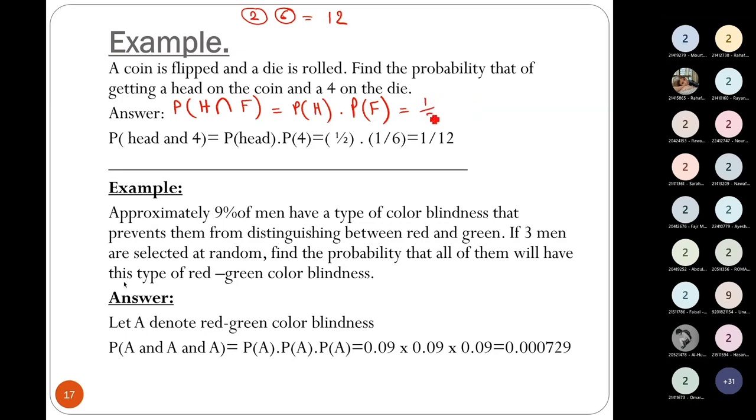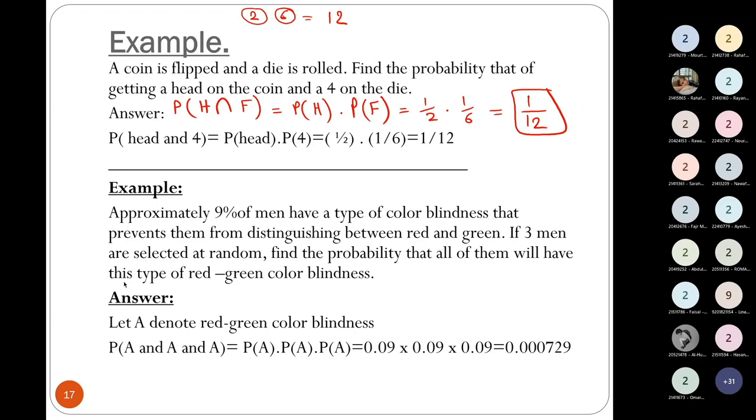So we have 1/2 multiplied by the probability of 4, which is 1/6, because the sample space equals 6. So 1/2 times 1/6 equals 1/12. So if we flip the coin and roll the die, the probability of head and 4 equals 1/12.